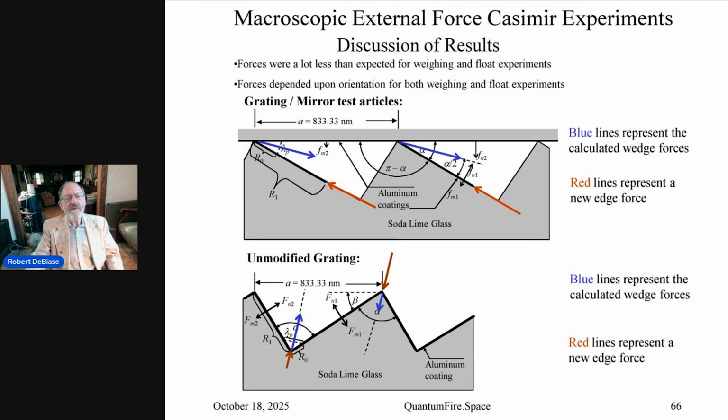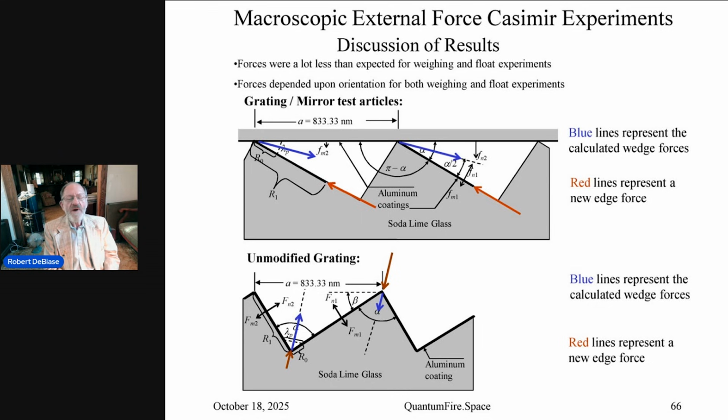And here's a discussion of the results. Okay, why were the forces so much less than the expected for both the weighing and the float experiments? And the forces depend upon orientation for both weighing and float experiments.